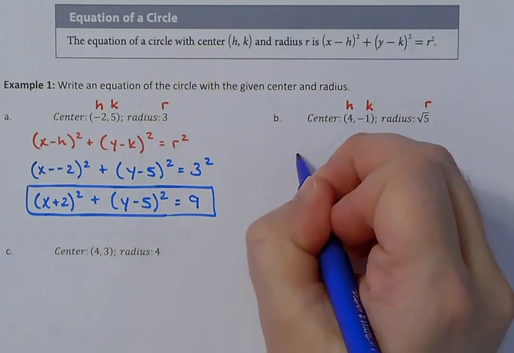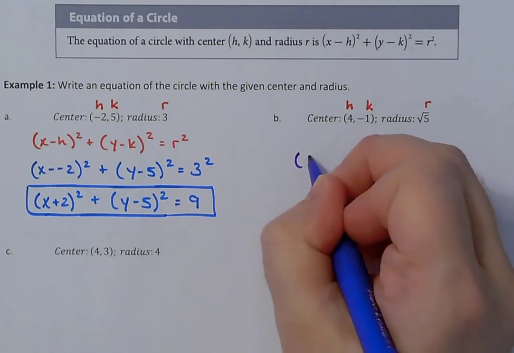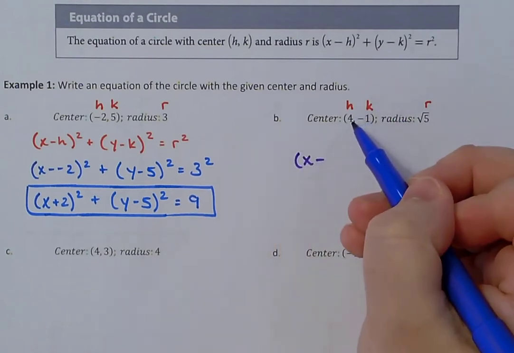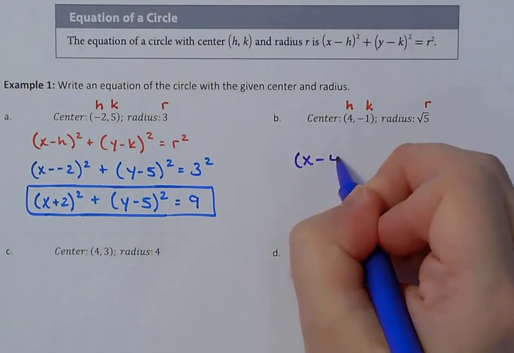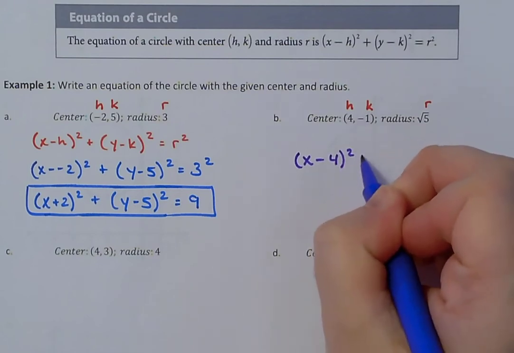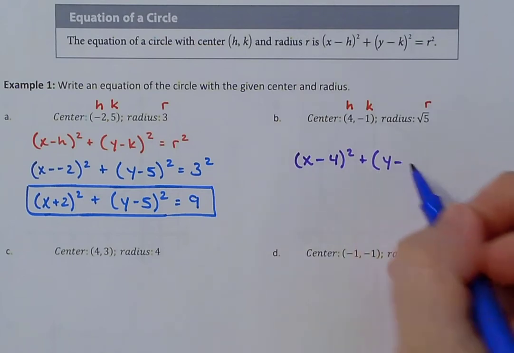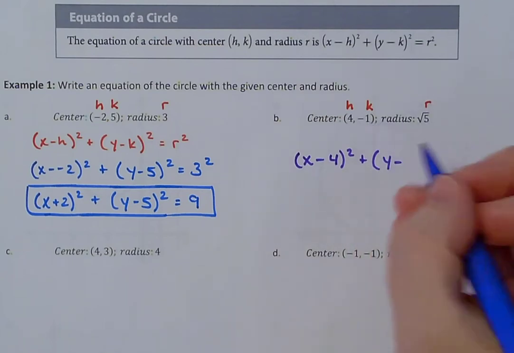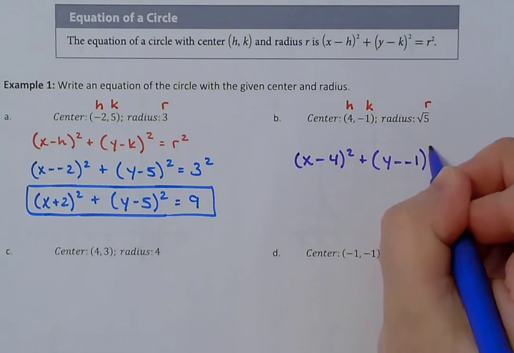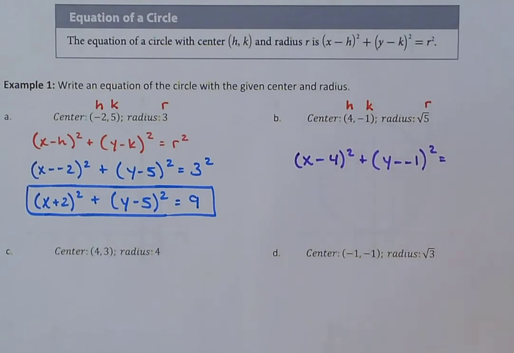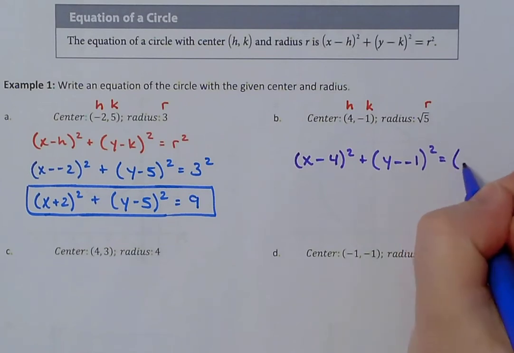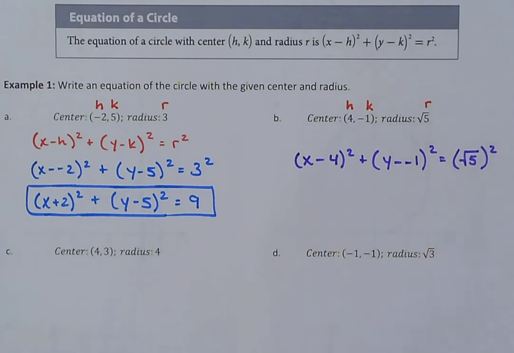So the equation is x minus h, so it's x minus 4 squared plus y minus k, so it's y minus a negative 1 squared equals r squared. Our r value is the square root of 5 squared.